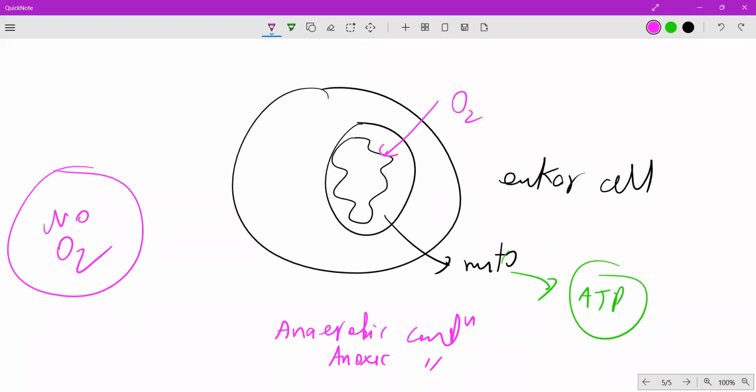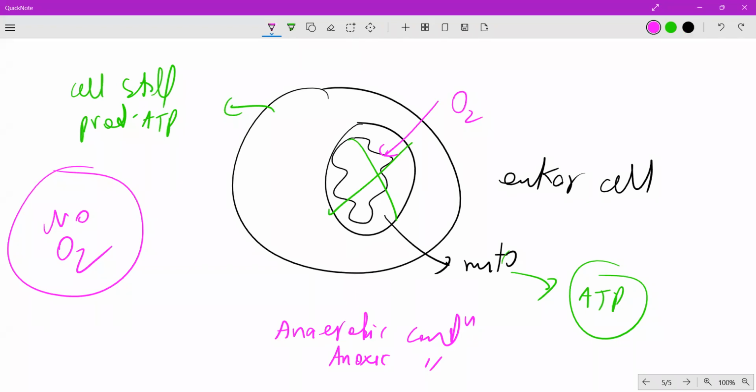Respiration होती है, oxygen चाहिए. जब oxygen नहीं है, the mitochondria stops functioning. So do you think the cell will not produce ATP or what? Cell still produces ATP. How the hell it produces ATP?